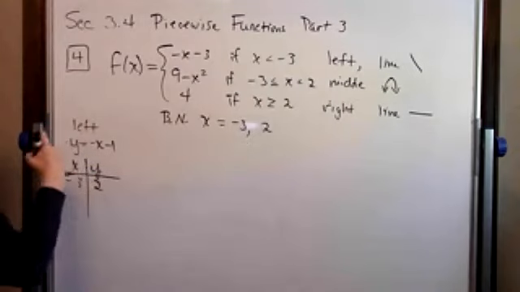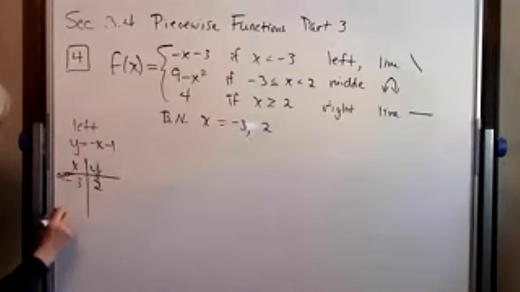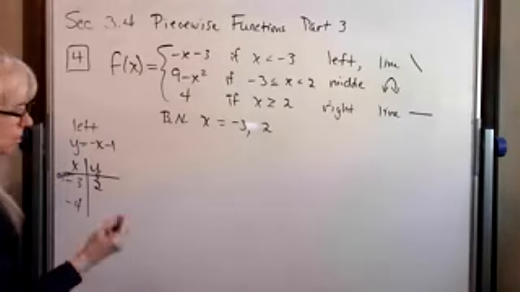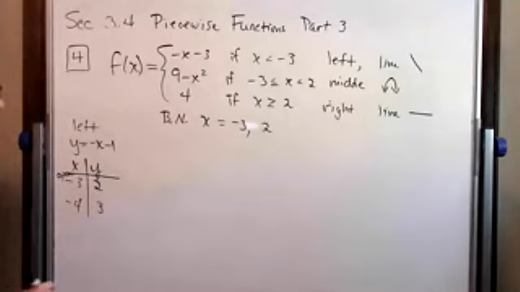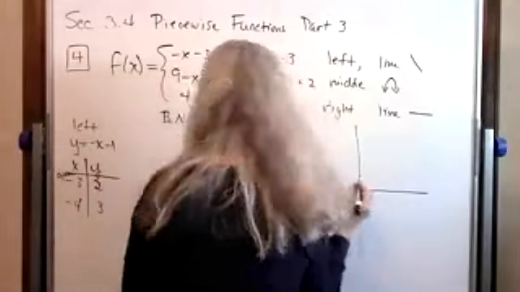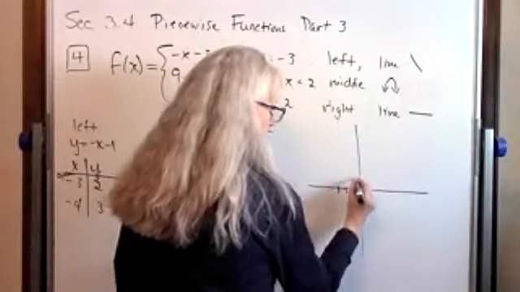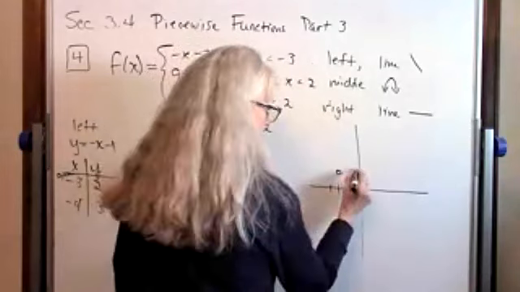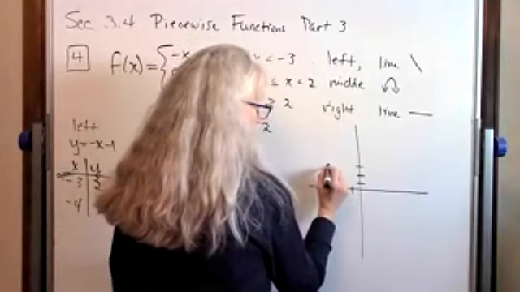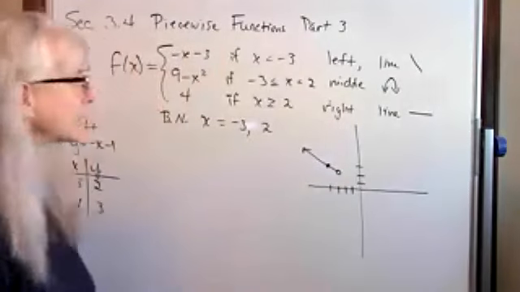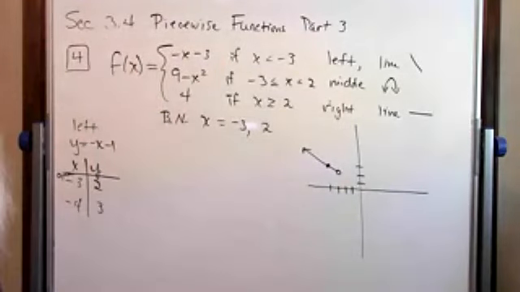So to the left of -3, we're going to use -4. So the opposite of a -4 is a +4. Minus 3 is going to be 1. So there's our first piece. So we have -3, 0, and that was open. And we also have -4, 1. And again, when I draw it in, I'm going to go to the left. There it is. Yay! Just exactly what we said it was.